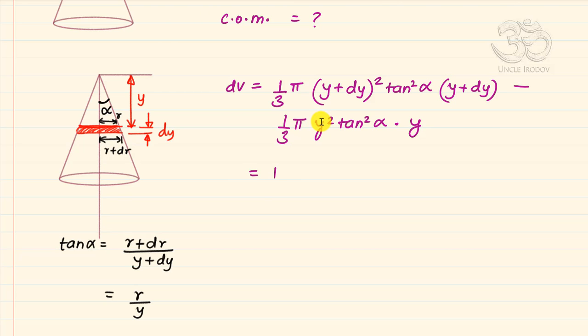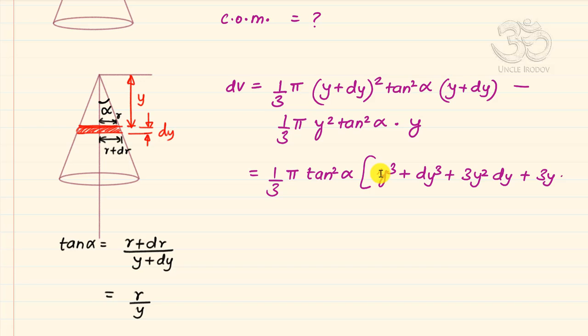And when I take out some terms, 1 by 3 pi gets taken out and tan square alpha gets taken out, and what do I end up with? I have (y plus dy) whole cube, which is y cube plus dy cube plus 3y square dy plus 3y dy square, minus the final term y cube, and the y cube terms cancel out.